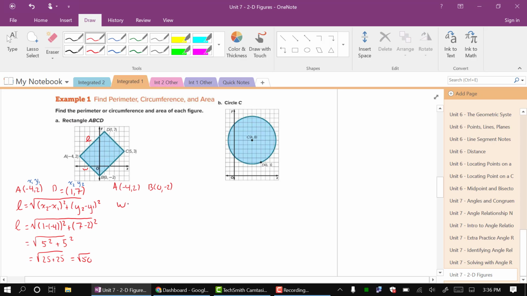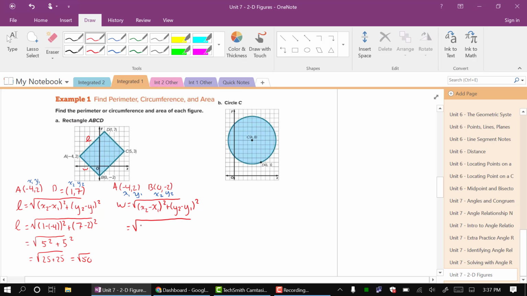So plug it in, same thing: square root of x2 minus x1 squared plus y2 minus y1 squared. So when we plug that in, that's going to give us the square root. Go up here, label these up: x1, y1, x2, y2.